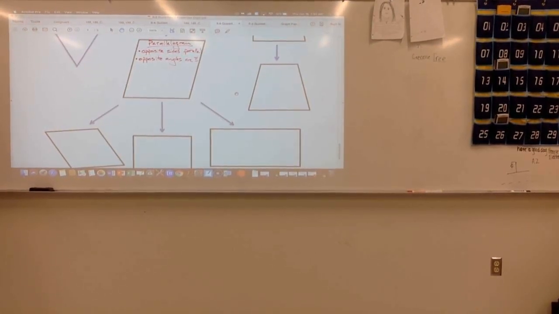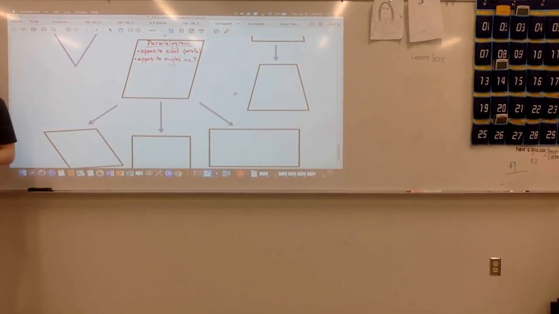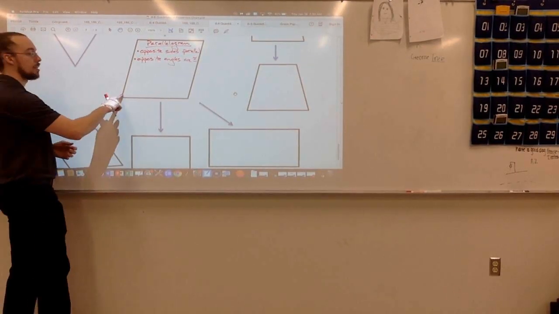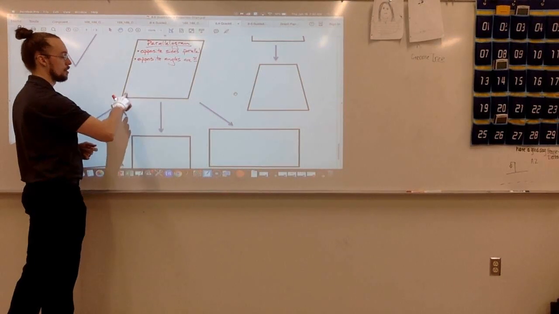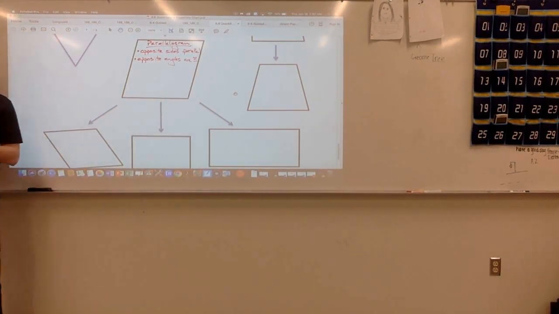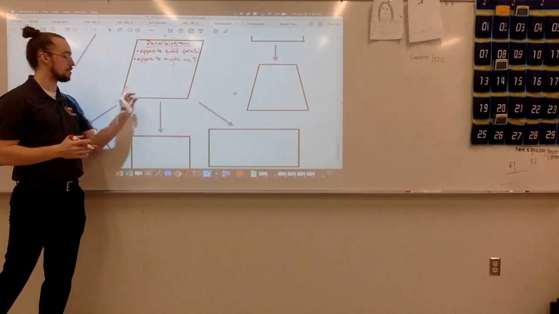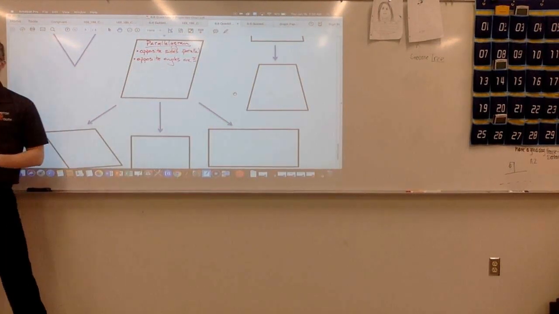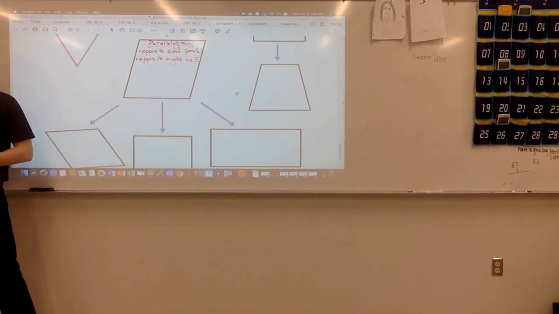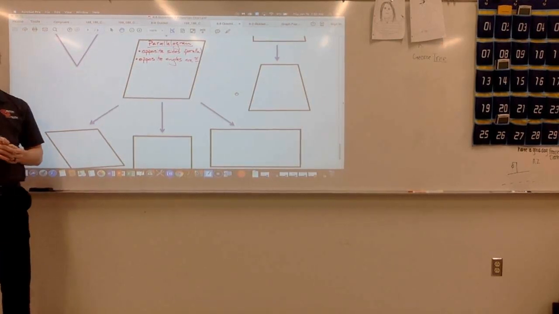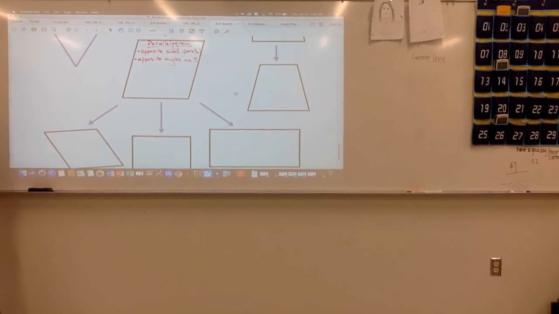We called them consecutive angles when we were talking about parallelograms, but these would be alternate interior angles because these are parallel lines cut by a transversal. So what about them? They add to 180.